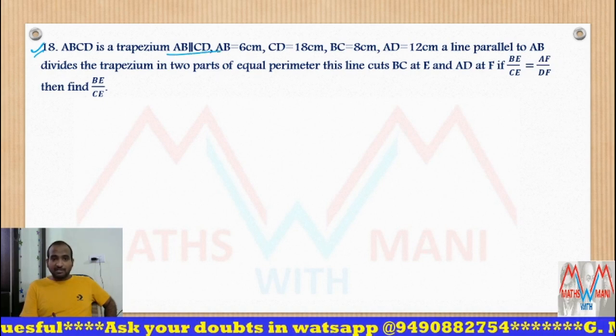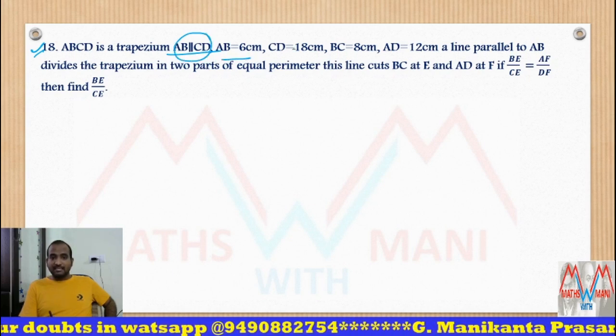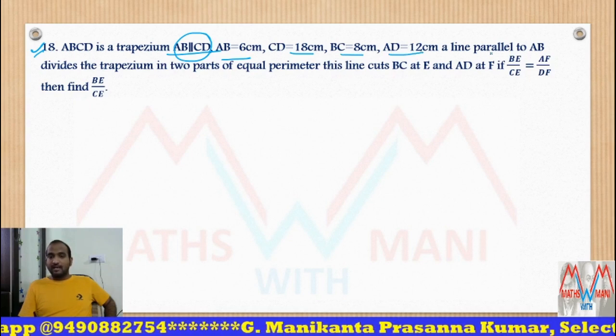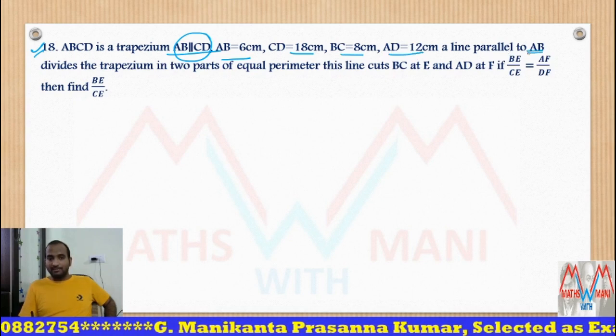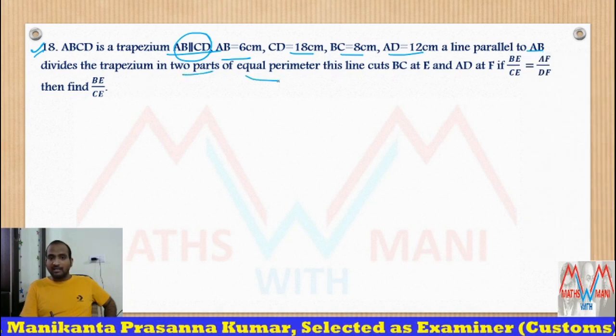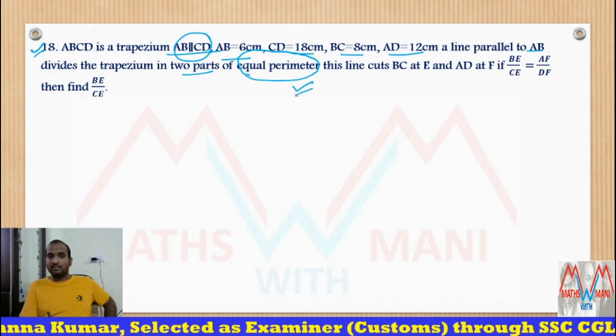ABCD is a trapezium in which AB is parallel to CD, AB is 6 and CD is 18, BC is 8 and AD is 12, and a line parallel to AB divides the trapezium into two parts of equal perimeter. In the equal area case it was area, now equal perimeter.